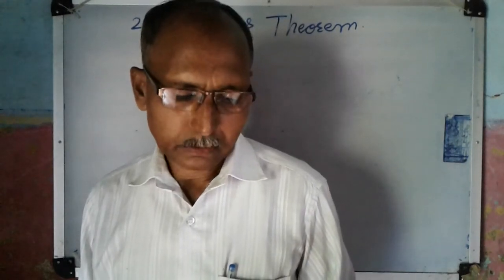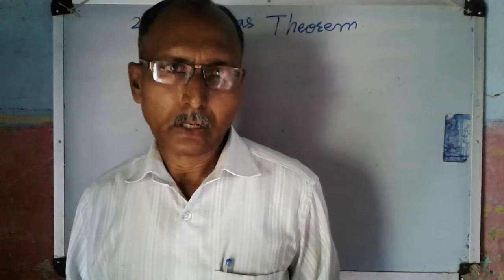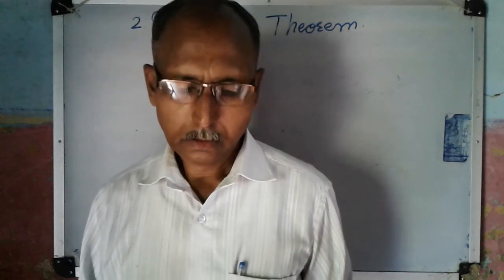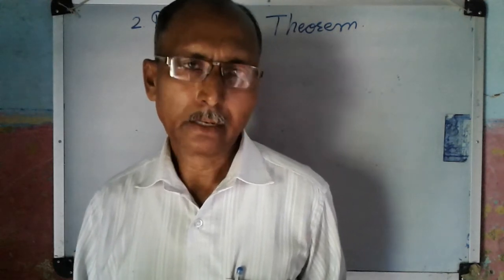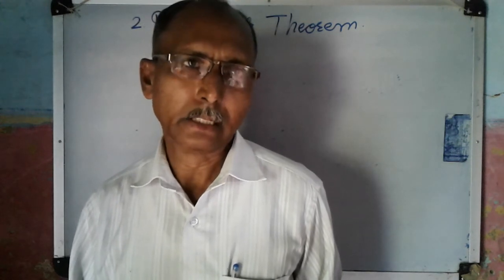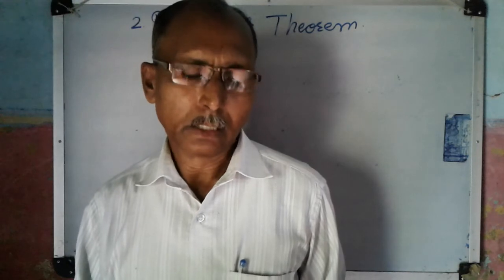Now in the last year we have studied the properties of right angle triangles with angles 30 degree, 60 degree, 90 degree, and 45 degree, 45 degree and 90 degree. Now we will revise those properties in short.